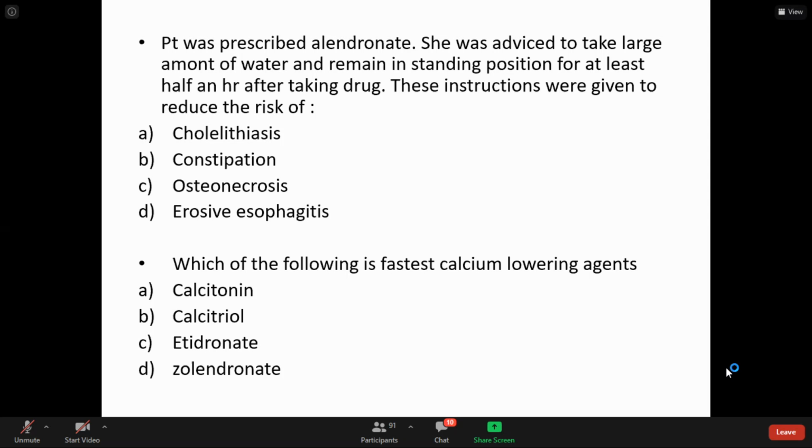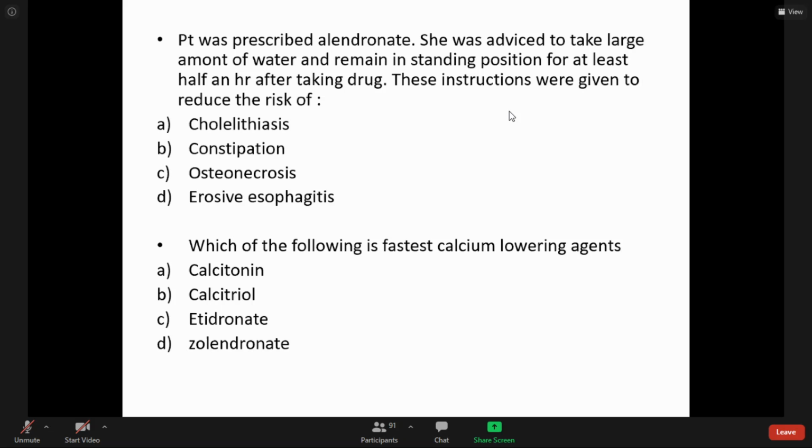The fastest acting calcium lowering agent is calcitonin, and hence it is used to supplement bisphosphonates. Although zoledronate, which is a bisphosphonate, also reduces the blood calcium level, calcitonin is faster acting than zoledronate. So the answer is A.